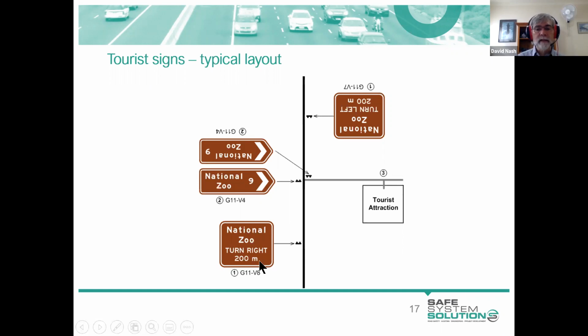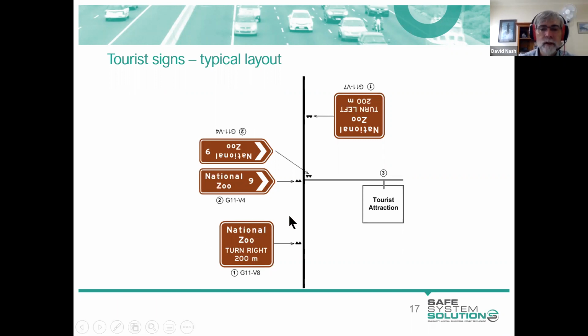Yes, and the other thing about that is that we use turn right 200 metres rather than an arrowhead. I've never really been 100% sure as to why that is, but it has been so for decades. I think the reason is that if you used an arrow, it would be a bit unclear about whether you turn at an intersection or you turn into a driveway.